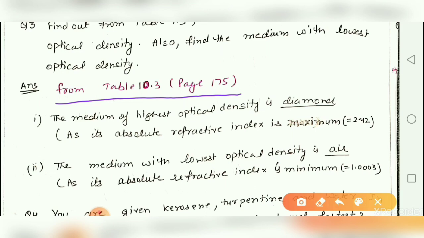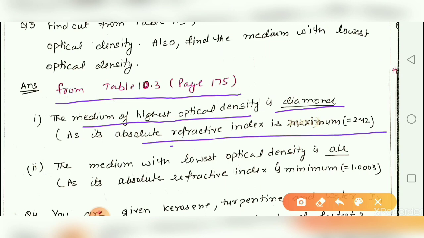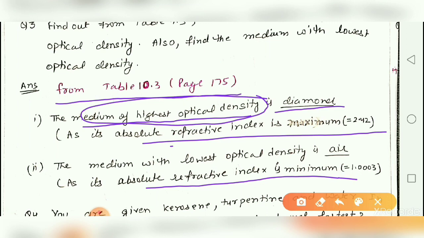The medium which has the highest refractive index has the highest optical density. From the table you can see diamond has absolute refractive index 2.42, so it has the highest optical density. Similarly, the absolute refractive index is minimum for air, so it has the lowest optical density.